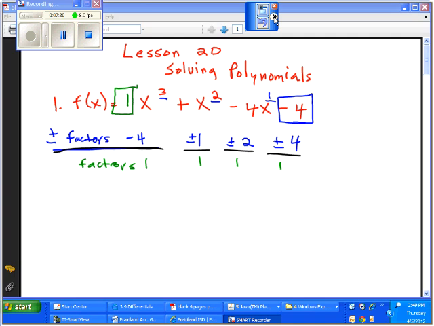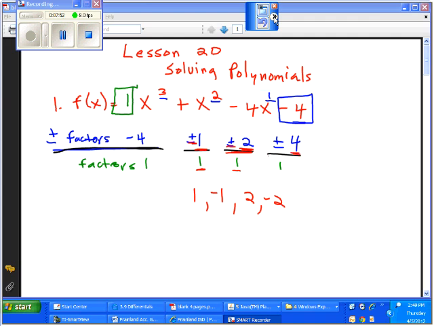And then we come up with all the results. So we're going to have positive 1 over 1, which is 1. And then we're going to have negative 1 over 1, which is negative 1. And then positive 2 over 1, which is 2. And then negative 2 over 1, which is negative 2.